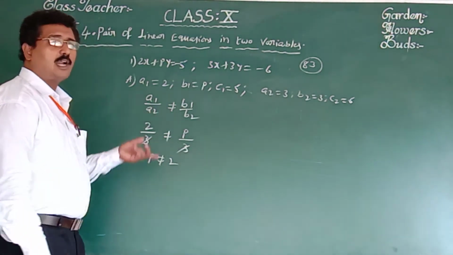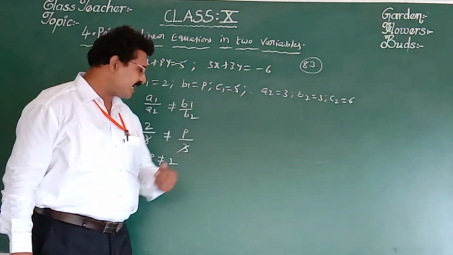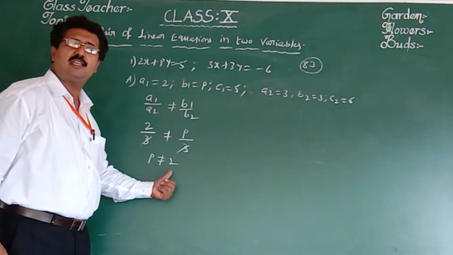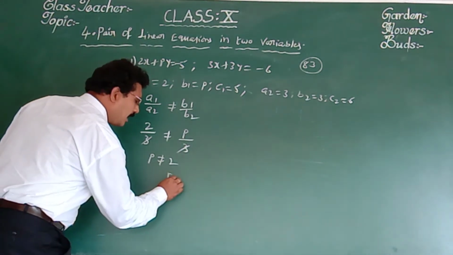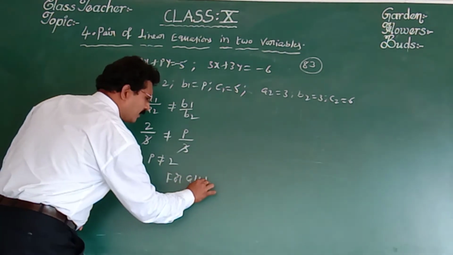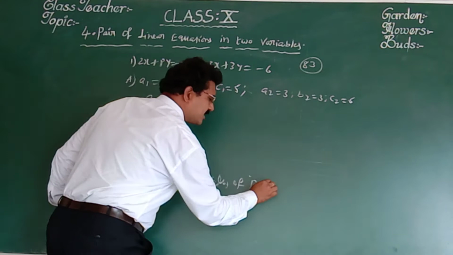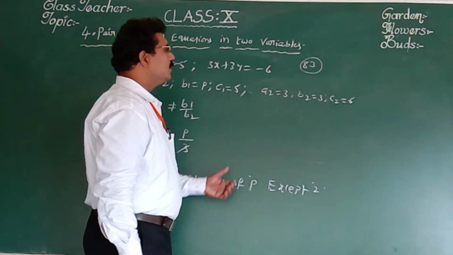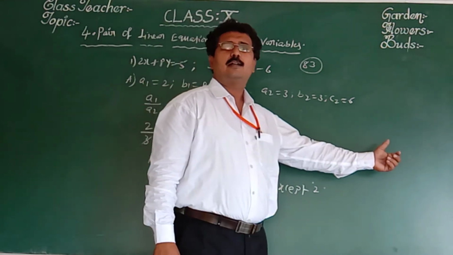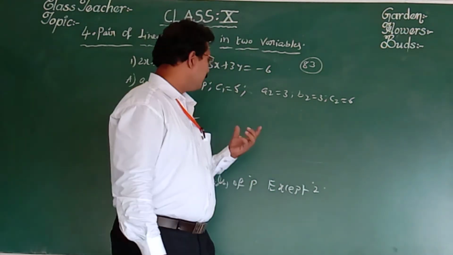So for all values of p except 2, they are intersecting lines. What inference do we have to write? For all values of p except 2, the given pair of equations has a unique solution. That is the way to write it.